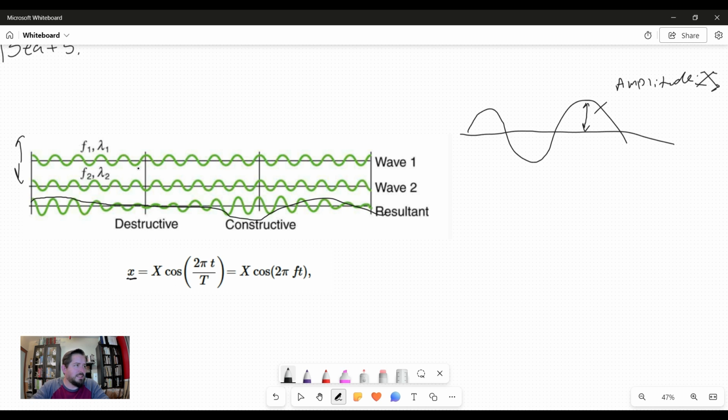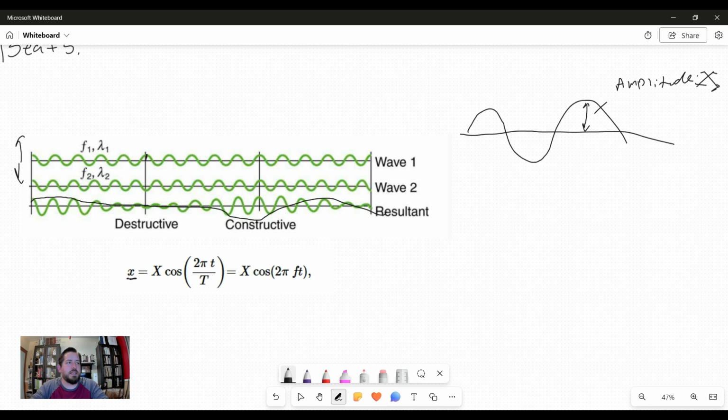This capital X is the amplitude of the wave itself. And so we can create a wave with this function. Little x is the up and down position with respect to time. Capital X is that set value of whatever the amplitude is. And then it's just cosine of 2 pi t over capital T. And again, the small t is time. Capital T is the actual period of a wave. Or we can write that as X cosine 2 pi f t in terms of frequency instead of period.